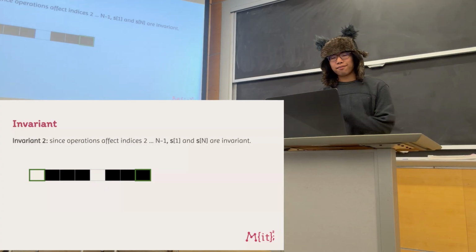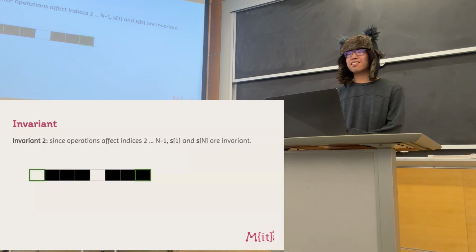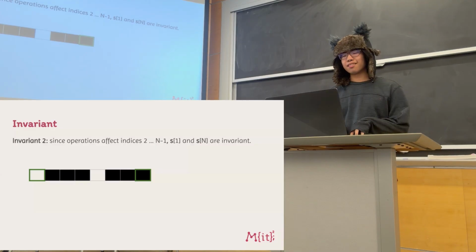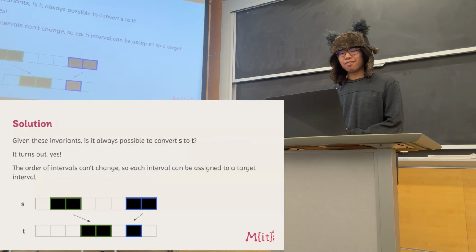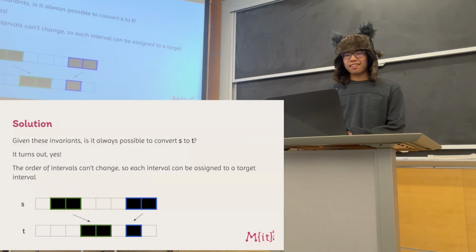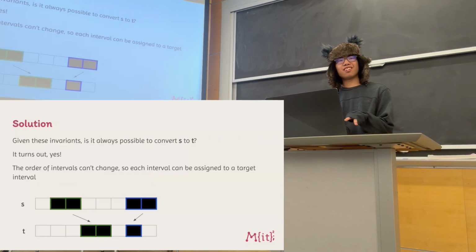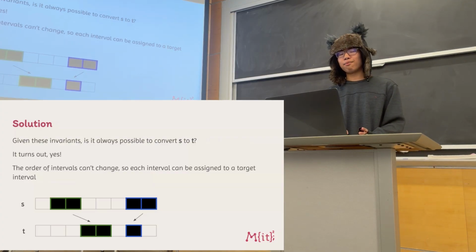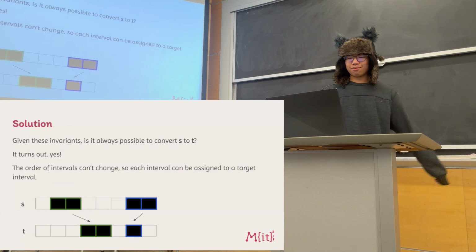Notice that the operations just grow and shrink the patches, so you're trying to convert some number of patches in S to some patches in T. It turns out it is solvable, because you could assign each interval to a target interval, since you never change the order of the intervals; they can't merge into each other. Then you just slowly move the borders of the interval from the original place to the target place. And that's how you solve this problem.